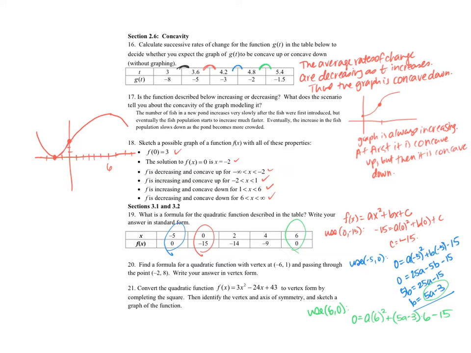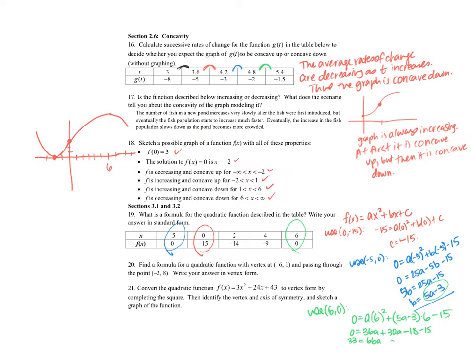find b. So I'll get 0 equals 36a plus 5 times 6 is 30a, minus 3 times 6 is 18, minus 15. So I get 66a equals, when I add that 18 and 15 over, I get 33.